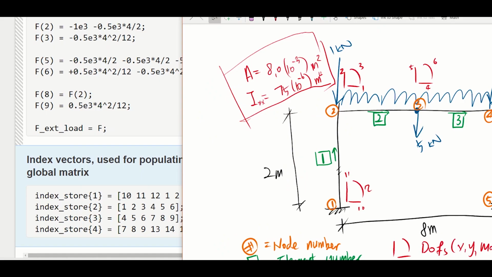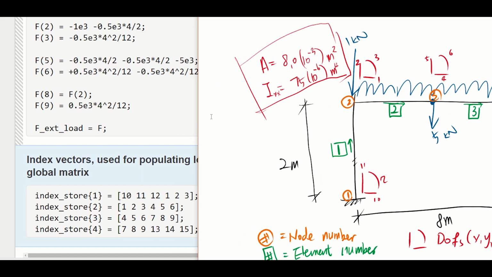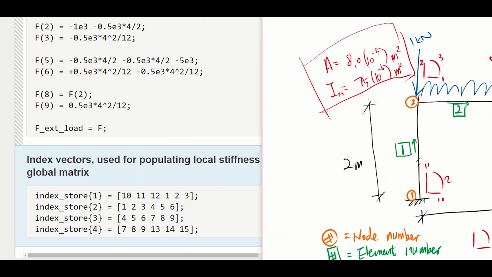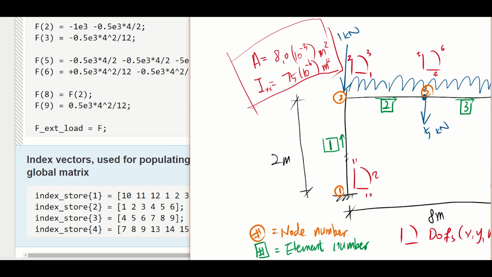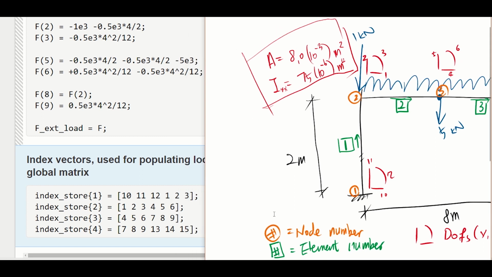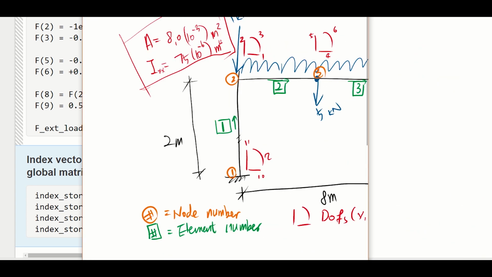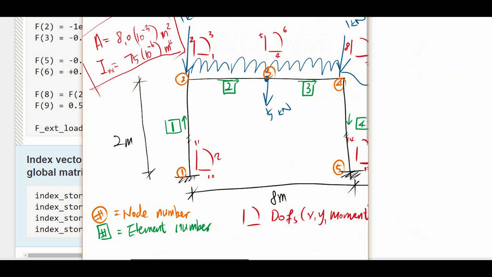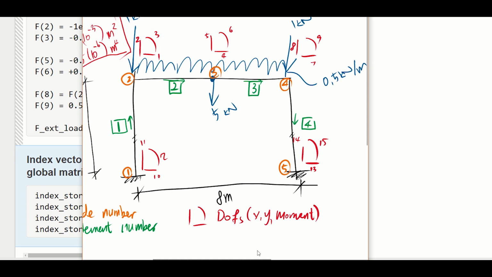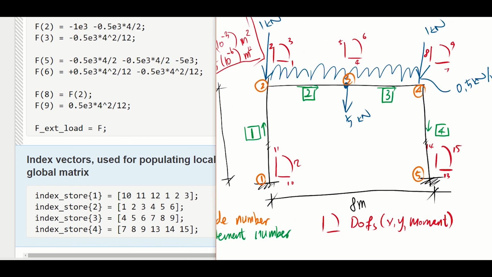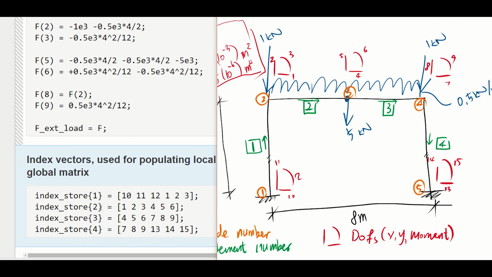I can actually put it here as well. This might actually help you to understand further. Alright, and then your second index is going to be 1, 2, 3, 4, 5, 6.